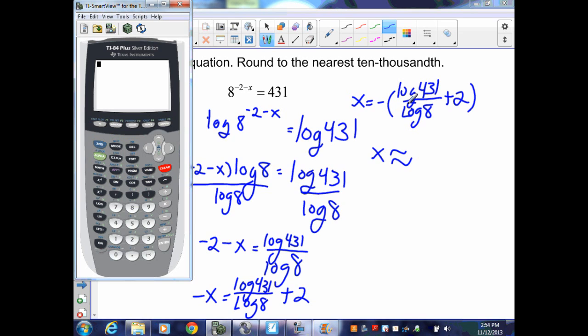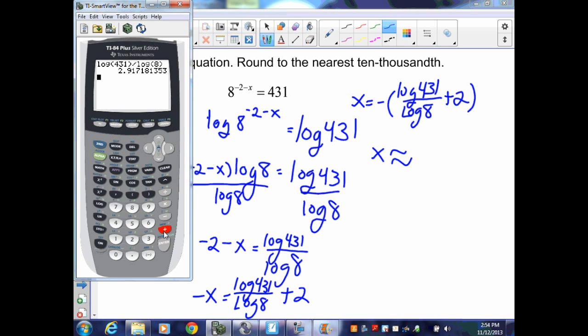I'm going to have the log of 431 divided by the log of 8. I can calculate that value to be 2.91718.